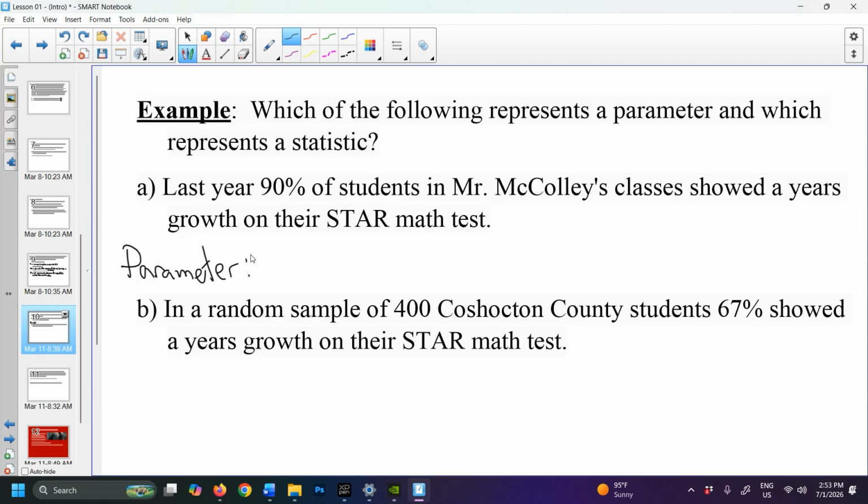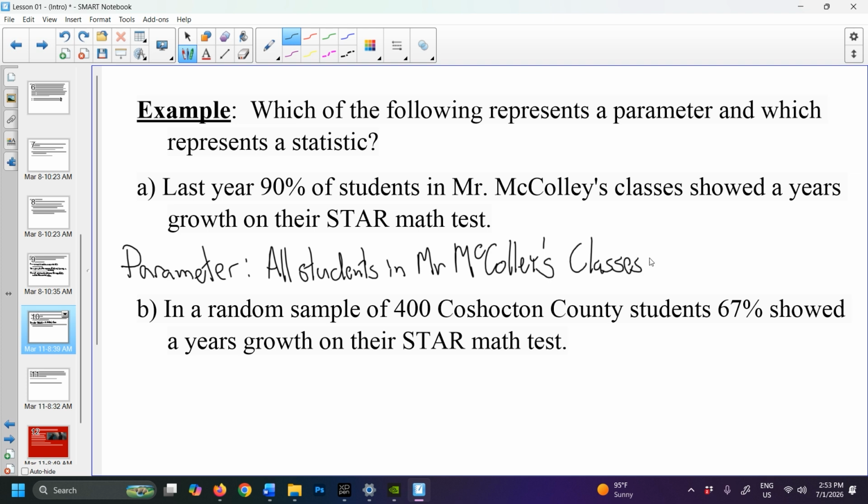And it is a parameter because all students in Mr. McCully's class is the population.